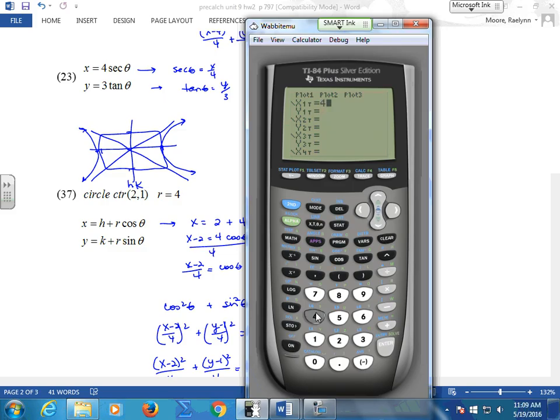So 4, I make a secant by saying 1 over cosine. I make this by saying 1 over cosine. I don't need that one. And I make this by saying 3 tan. And I graph it.